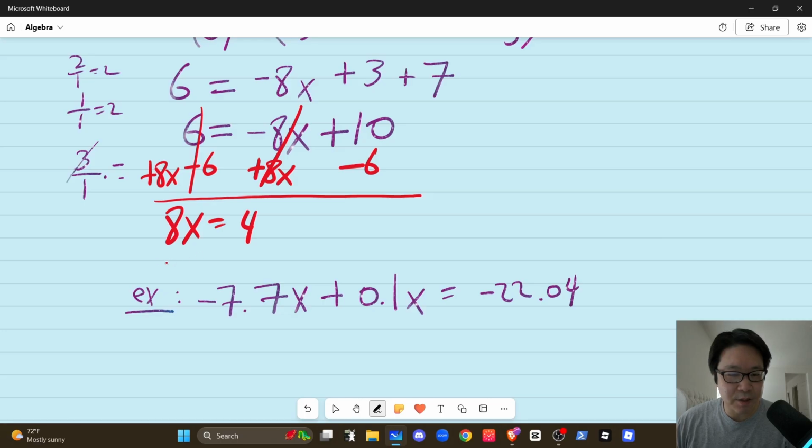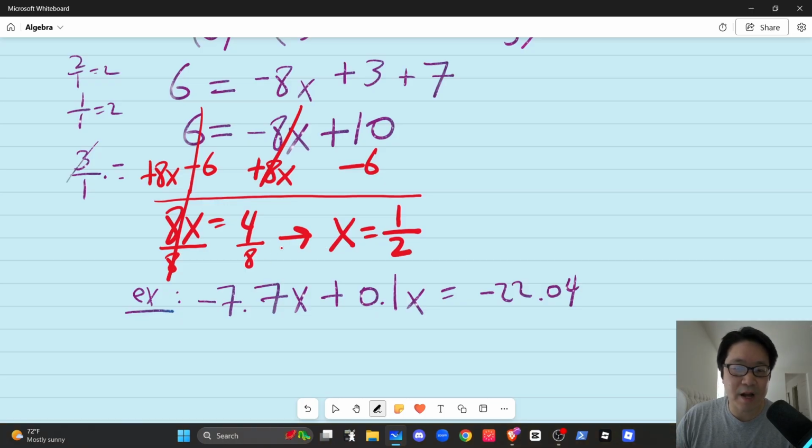Now we can divide both sides by 8 to isolate x. And 4 over 8 is going to be what? It's going to be 1/2, because both the numerator and the denominator can be divided by the greatest common factor of 4. So you're left with x equals 1/2.